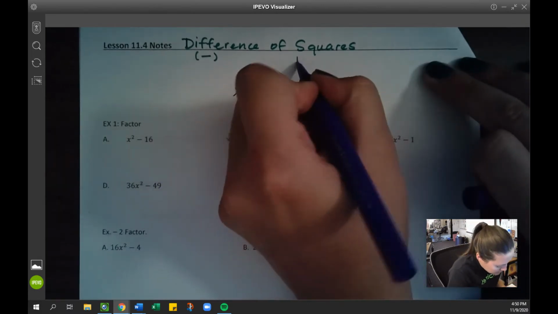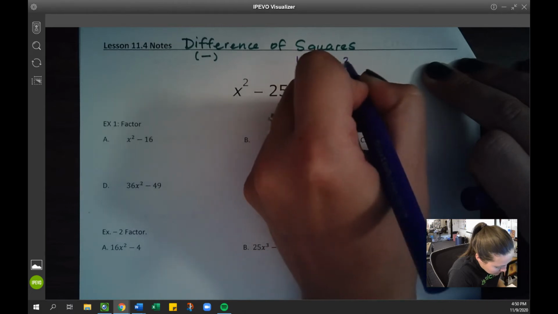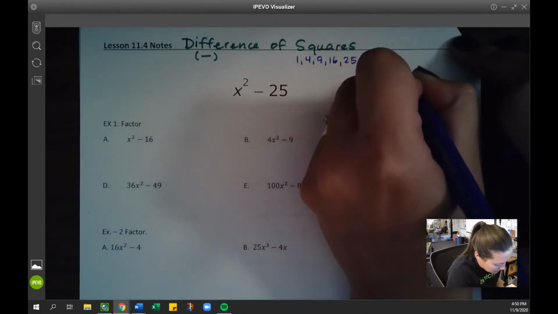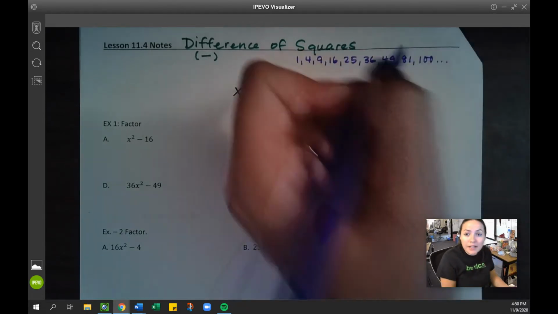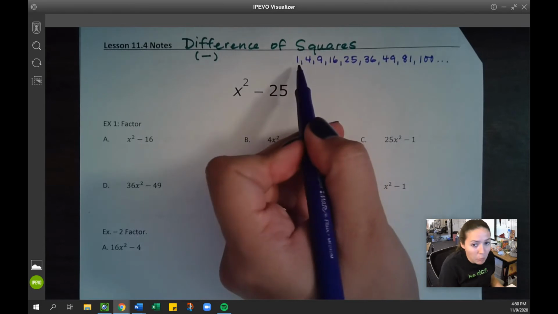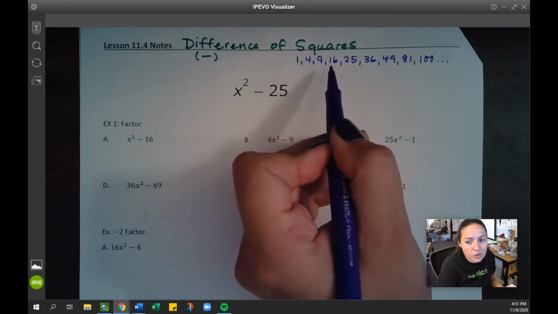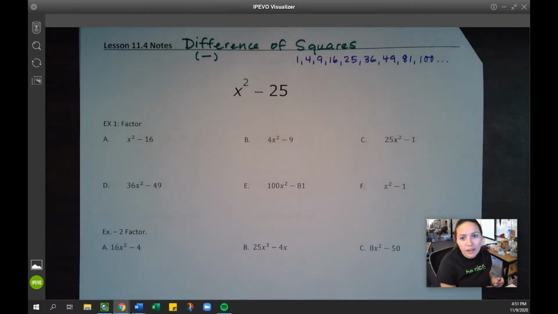That list is 1, 4, 9, 16, 25, 36, 49, 81, 100, and so on. I could keep going. But 1 is 1 squared, 4 is 2 squared, 9 is 3 squared, 16 is 4 squared, 25 is 5 squared, and so on.